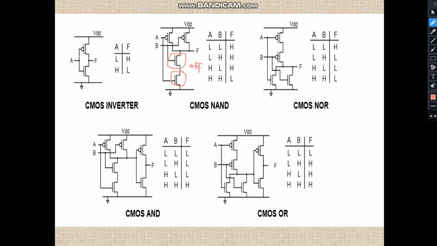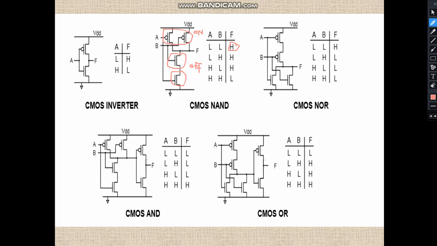At the same time, these two PMOS are in on state. So your output is connected to VDD, so the output is high.